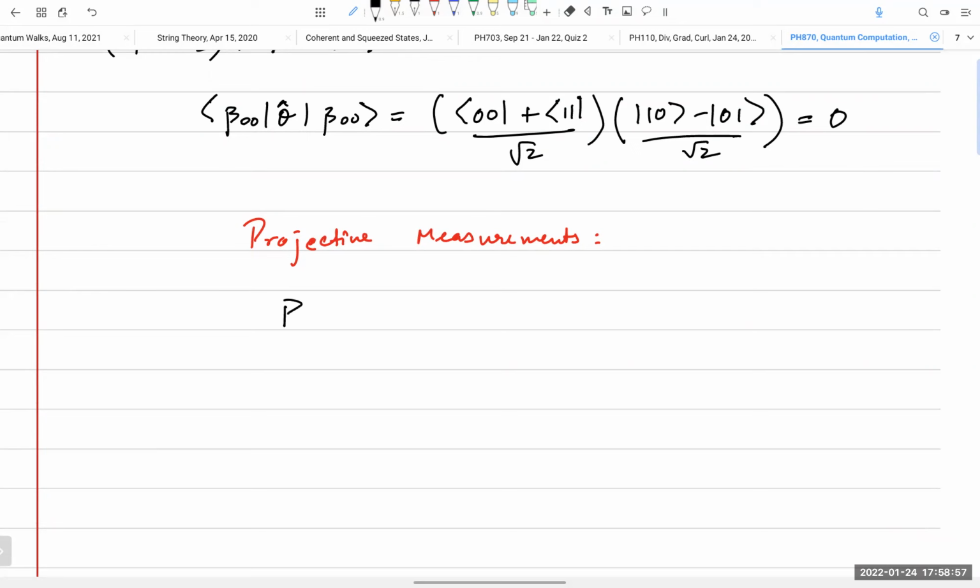So remember that a projection operator has the following properties, right? It is equal to its own square.